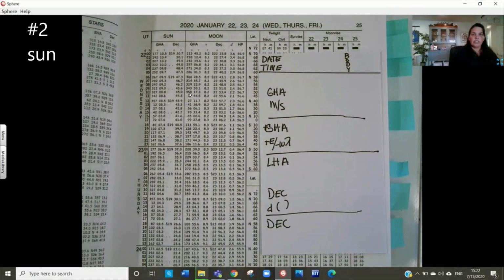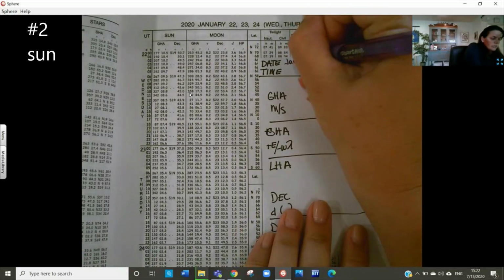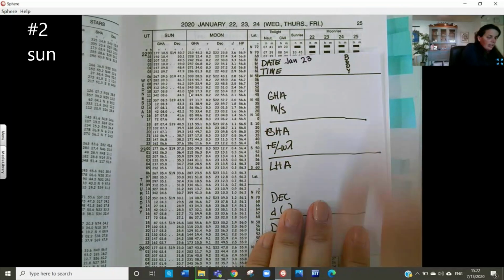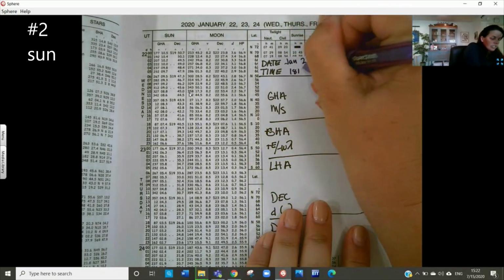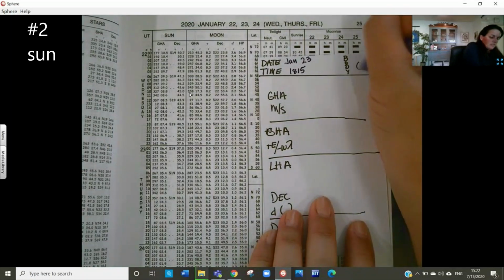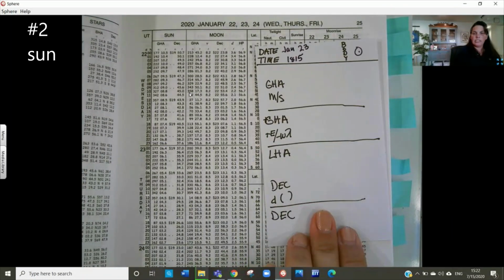Alright, so on number 2, we are on January 23rd at 18:15. And we are observing the sun. And we're going to fill out our site reduction form.